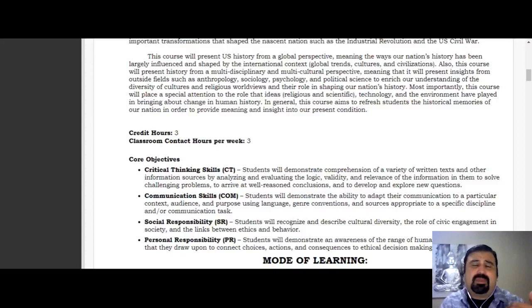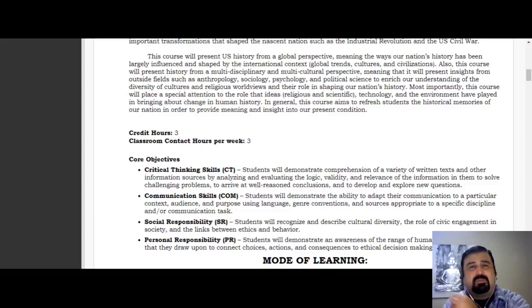The same with Europe. Europeans will be coming after Columbus to colonize the New World. Well, let's look at European civilization, because Europeans are bringing to the Americas their own culture, their own ideas, their own religions, their own practices, traditions, and so on. So we have to understand the European background and so on.